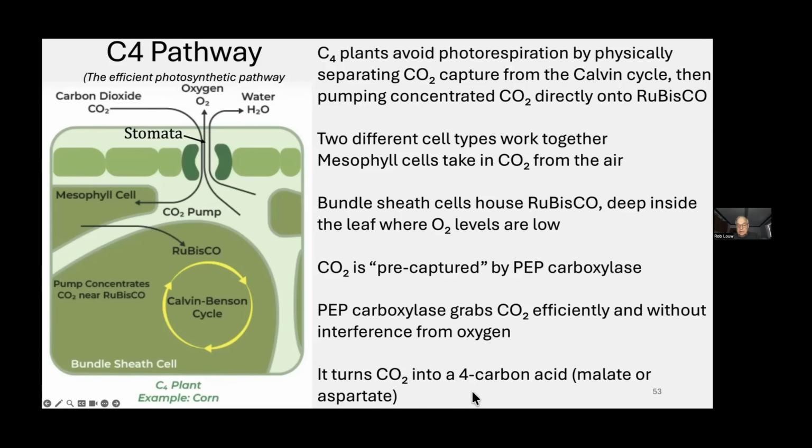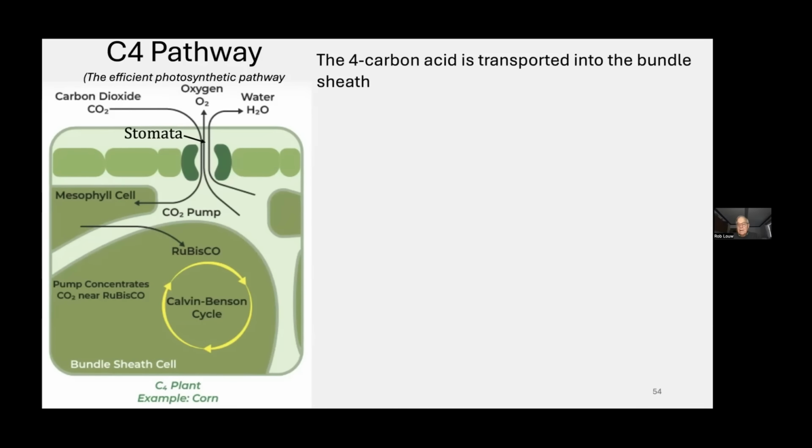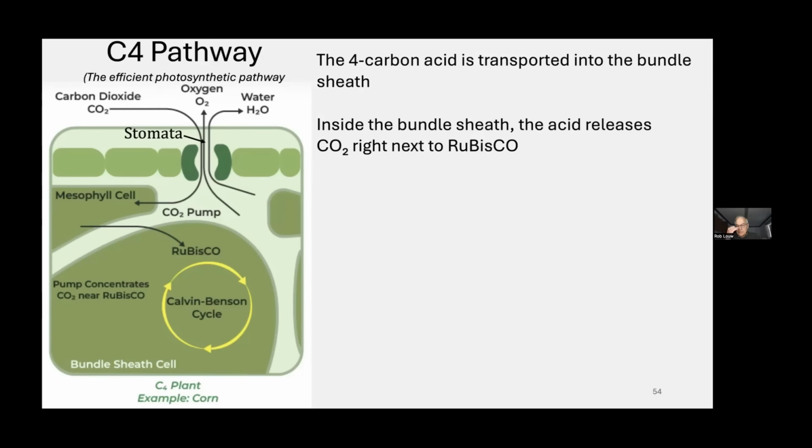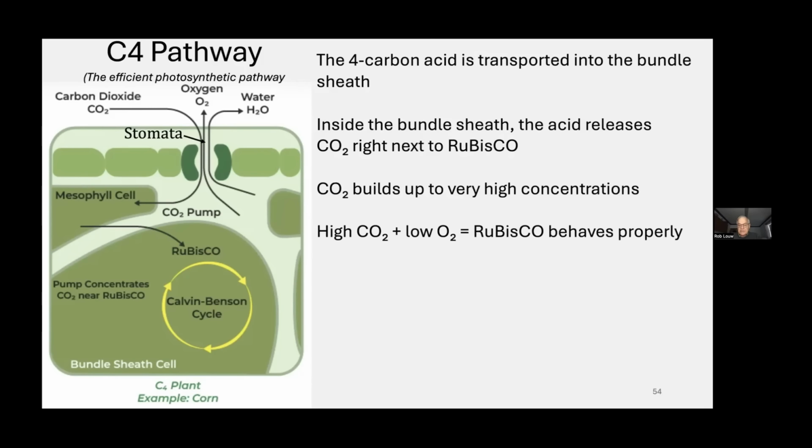So what the plant is doing is capturing the carbon dioxide, concentrating it, and then pumping it across to the Calvin-Benson cycle so that Rubisco sees more carbon dioxide, certainly, than it sees oxygen. The 4-carbon acid is transported to the bundle sheath, and inside the bundle sheath, the acid releases carbon dioxide right next to the Rubisco, and CO2 builds up to very high concentrations.